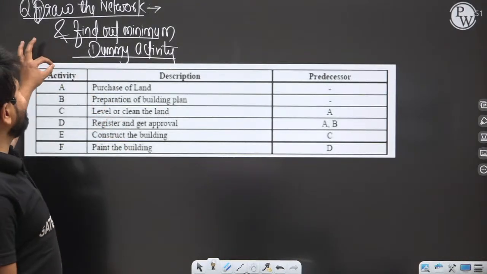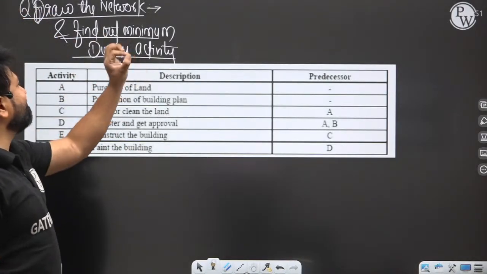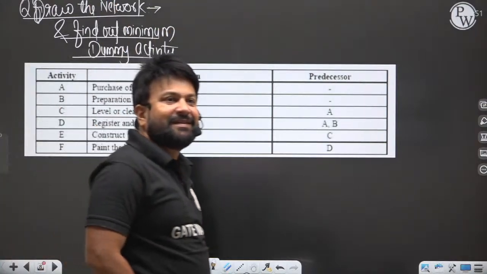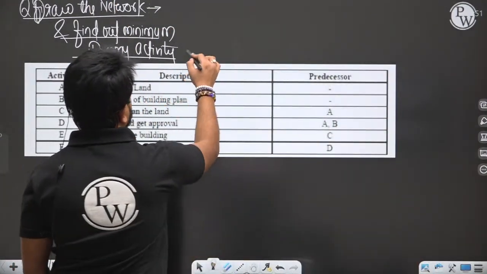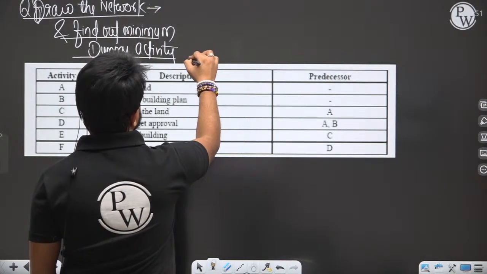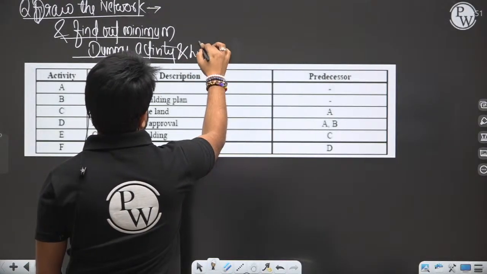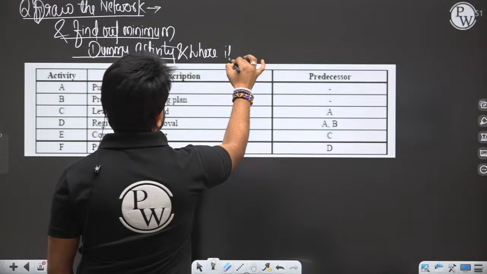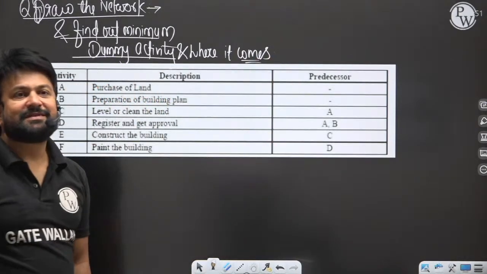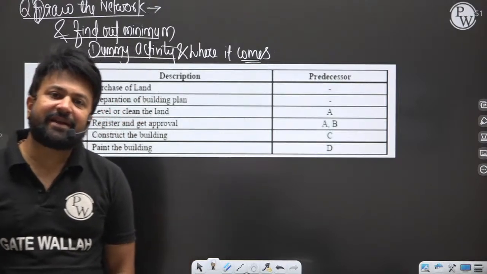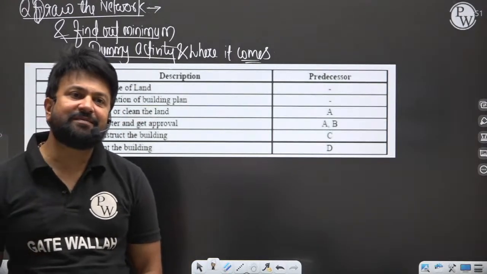My dear, the question is: draw the network and find out the minimum dummy activity, and where it comes. Find out the dummy activity and where it comes.